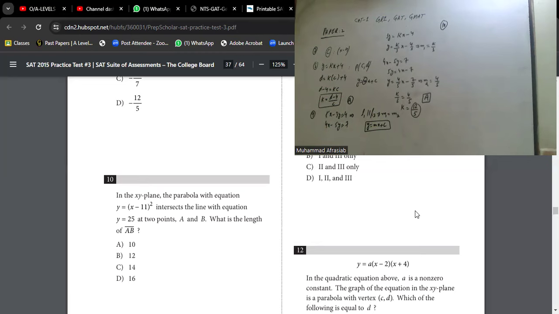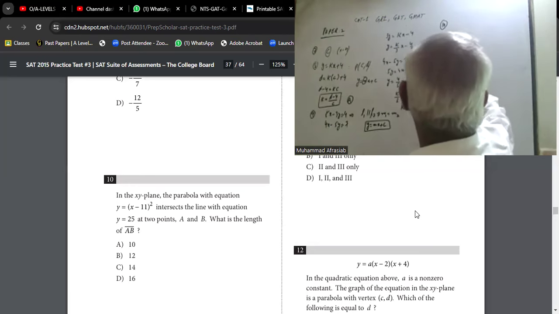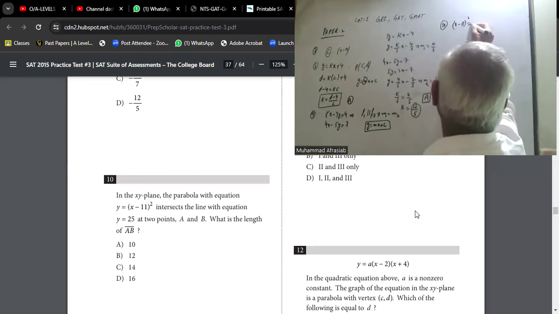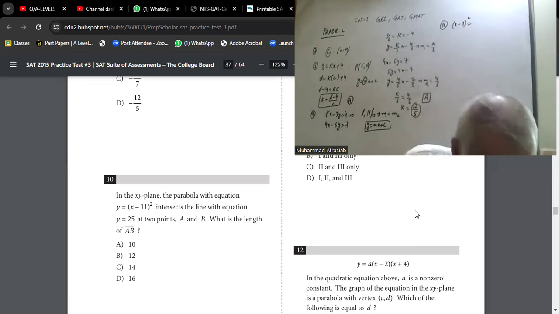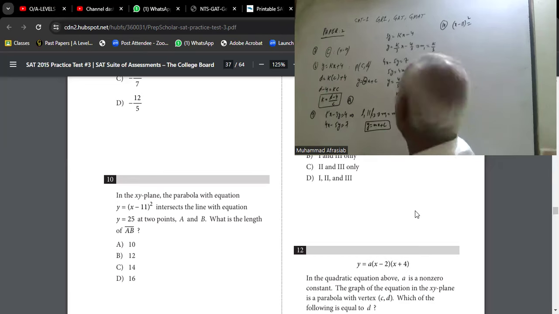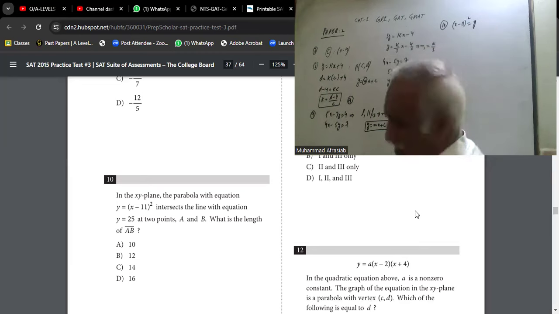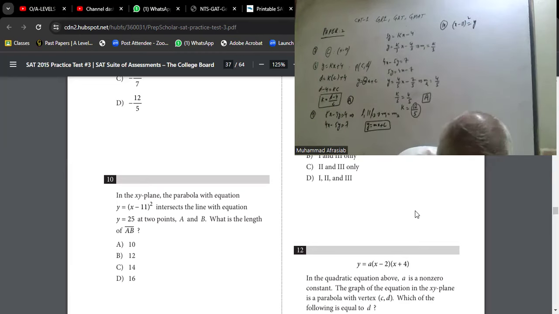So they have given the points there. x minus 11 square is equal to y, and y is equal to 25.